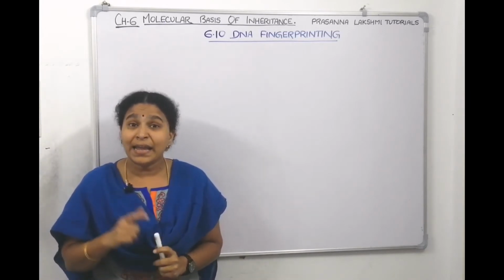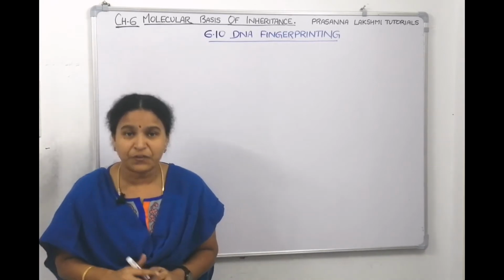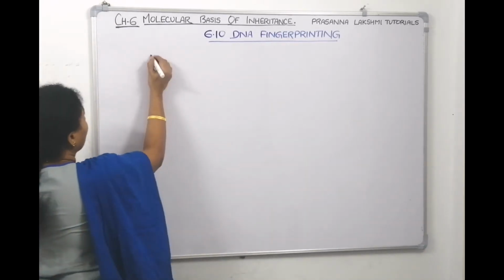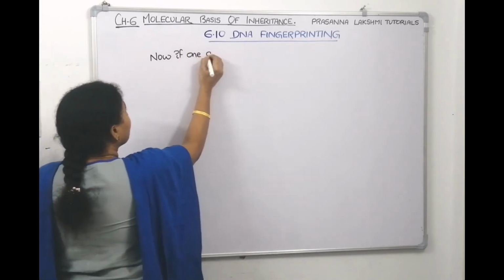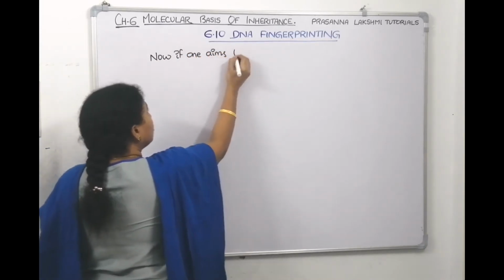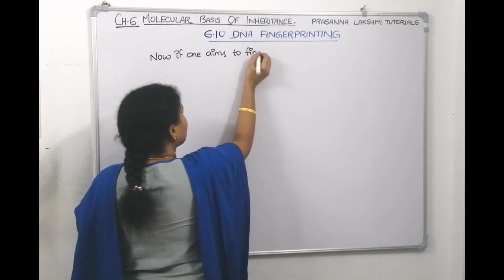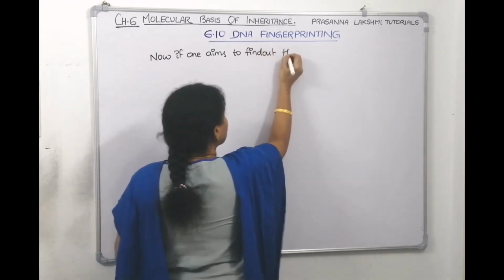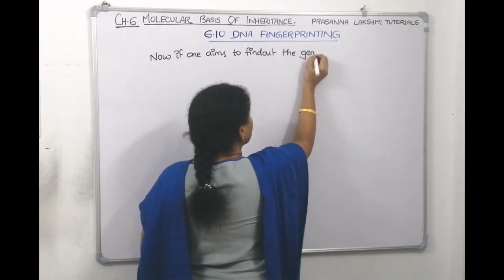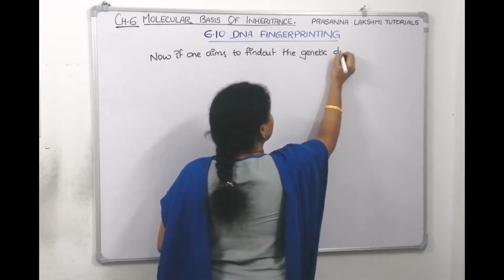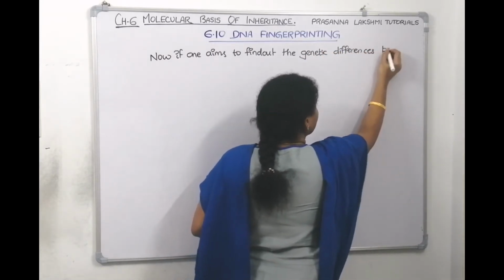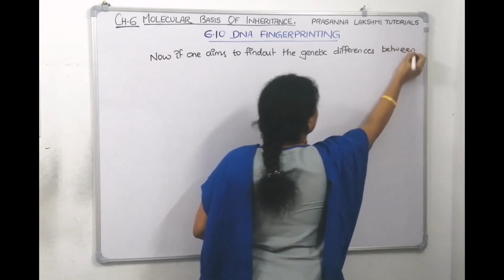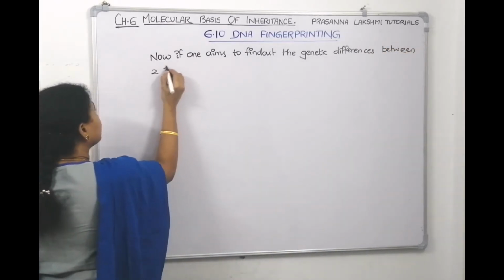So if one aims to find out the genetic differences between two individuals, let us write on. If one aims to find out the genetic differences between two individuals. So this is the sentence of NCERT.